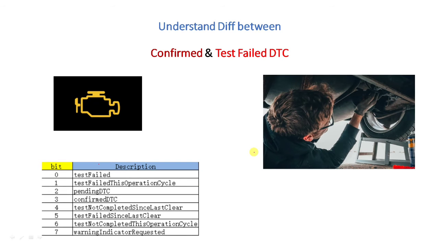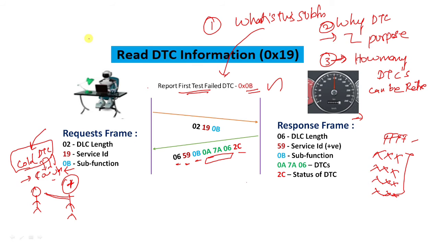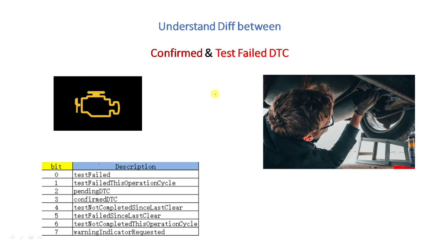Here, there is a question. Now we have seen test failed. You should know what is a confirmed DTC and what is a test failed DTC. A confirmed DTC is one which sets this bit to confirmed after the pending DTC has gone through some successful iterations of, say, 40 ignition cycles, and still the DTC is present. Then the confirmed DTC starts to pop up.